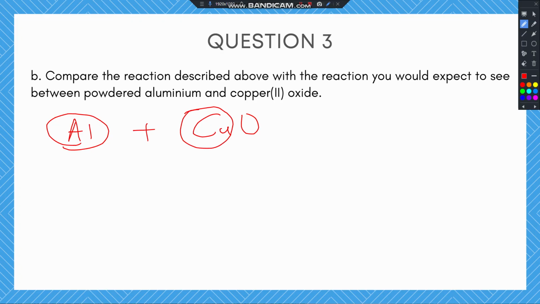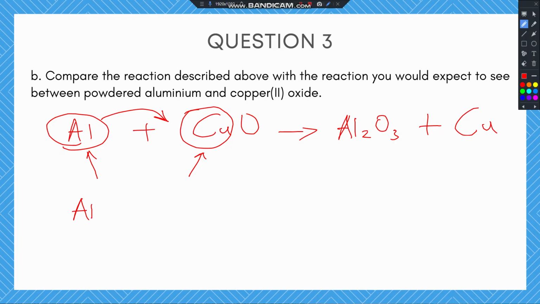On the reactivity series, aluminium is much more reactive than copper, so aluminium will displace copper from this compound, therefore producing aluminium oxide and copper metal. So let's balance this chemical equation. We have aluminium, Al, plus copper 2 oxide, CuO, producing Al₂O₃, aluminium oxide, and copper metal.